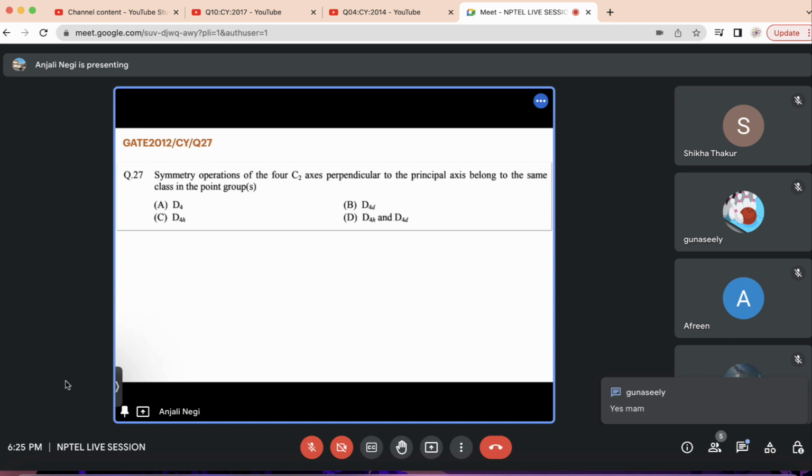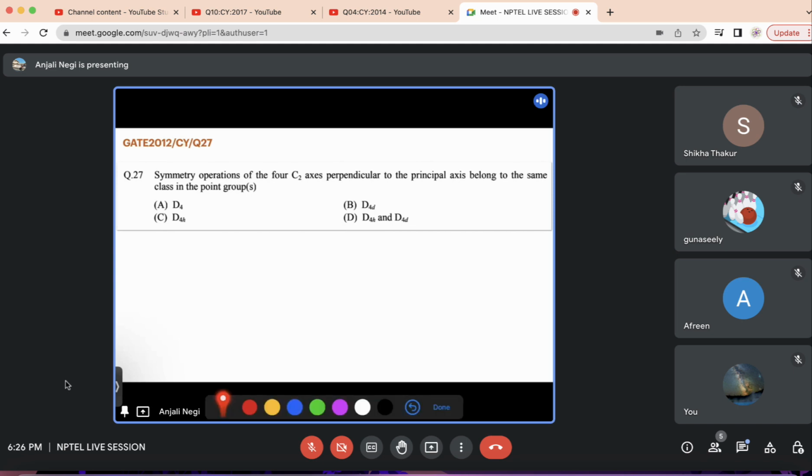So for this particular problem from GATE 2012 chemistry question number 27, it states that the symmetry operation of the four C2 axes perpendicular to the principal axis belong to the same class in the point group or groups.